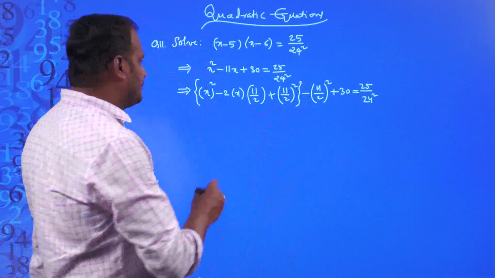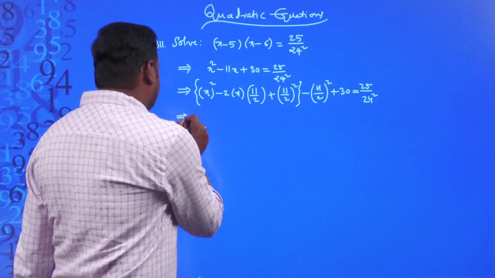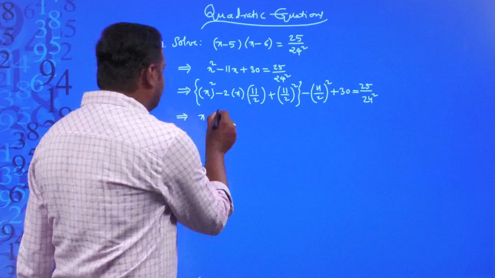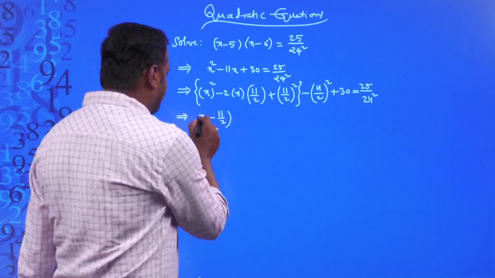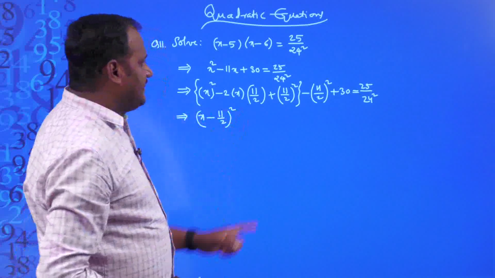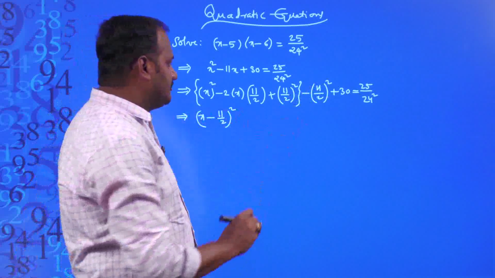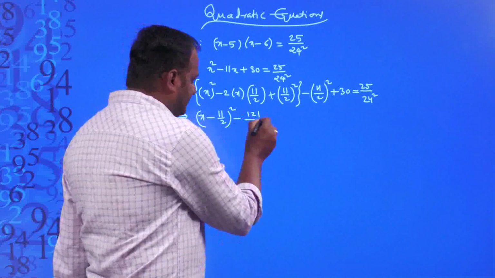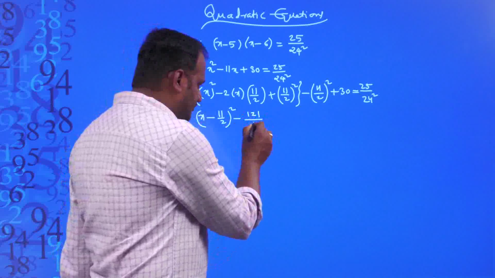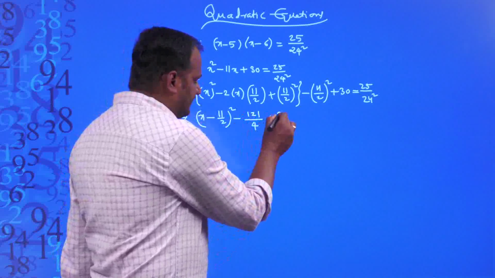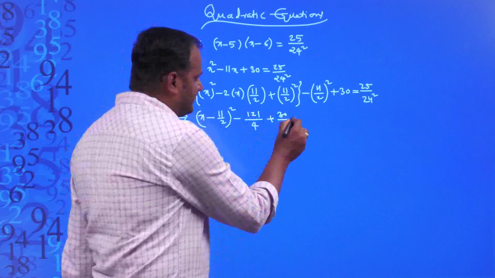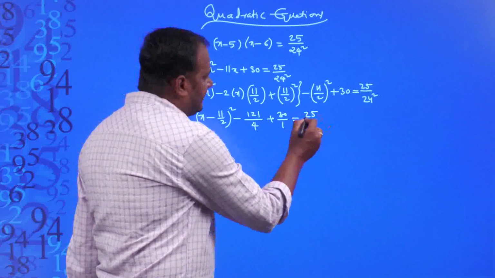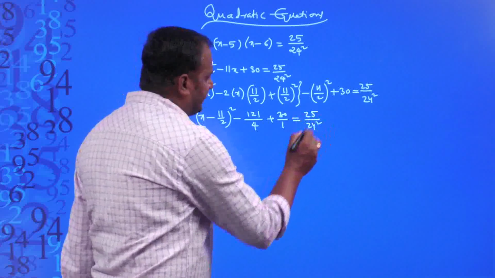A square minus 2ab plus b square is the expansion of a minus b whole square, right? And next, minus 11 by 2 whole square is going to be minus 11 square is 121 divided by 2 square is 4, plus 30 means 30 divided by 1 is equal to 25 divided by 24 square.